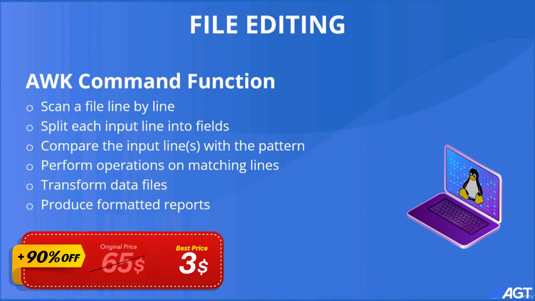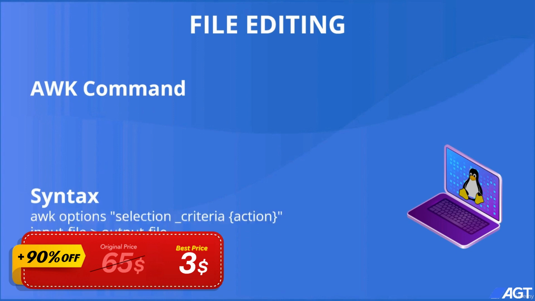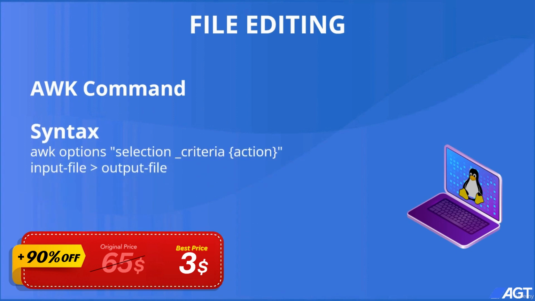And also, the awk command is suitable for programming constructs. Formatted lines are also suitable for use in arithmetic and string operations, as well as loops and conditions. So here's the syntax of awk: awk, options, single quote, selection_criteria, then you put your action between curly braces, single quote, input-file, right angle bracket, output-file.